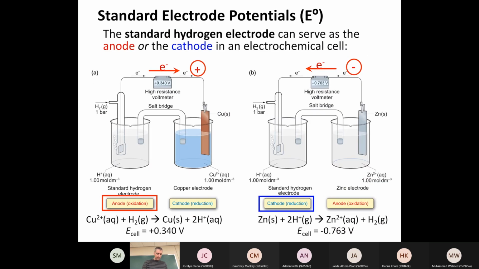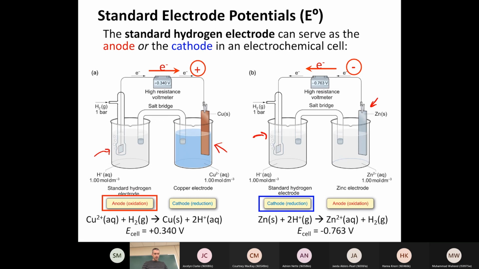Like, you take the hydrogen electrode that you have here and you hook it up to a copper half reaction. Or you do it again and you hook it up to a zinc half reaction. And it turns out if you put it into the copper reaction, the spontaneous direction for electrons to move is towards the copper. Okay, that's going from left to right.